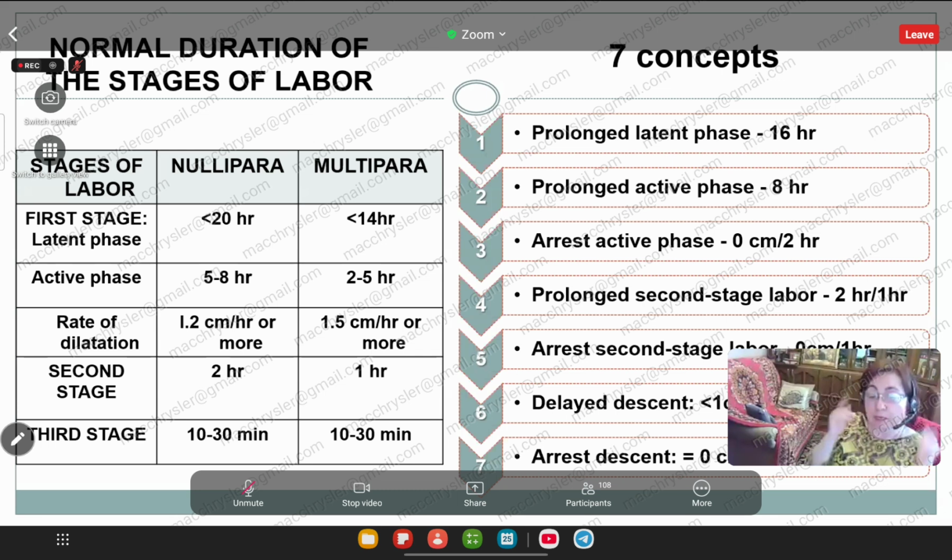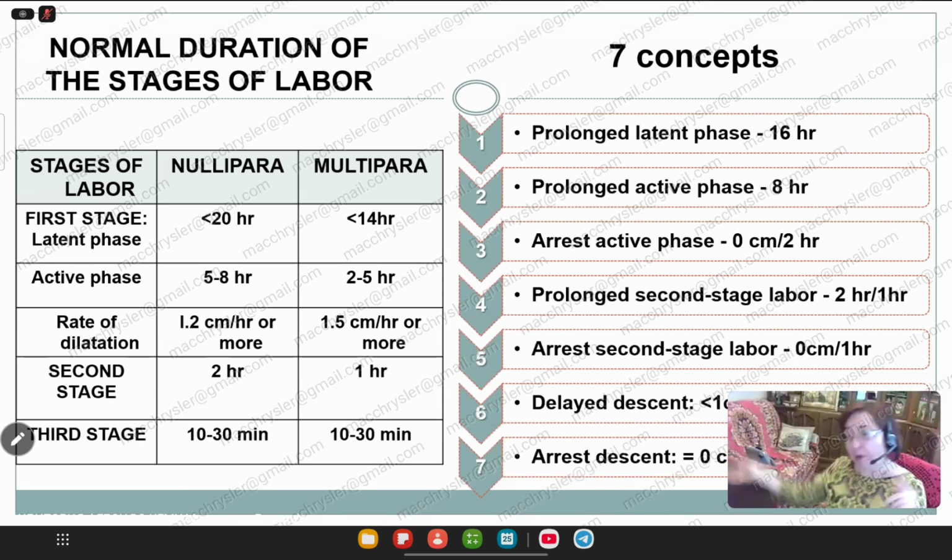So abnormalities, as I told, deviation in one way or another can give abnormal labor. Somebody can say that fast labor is maybe good, easier, that fast is easier for the mother to finish, not necessarily to be in labor so long.